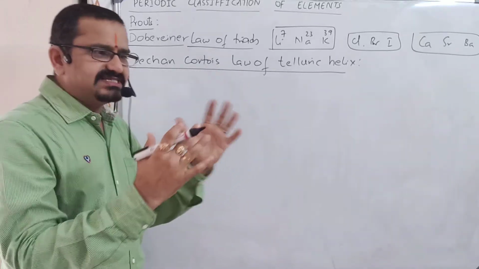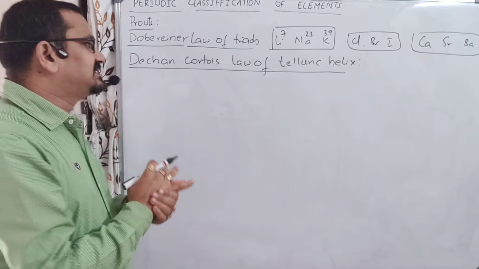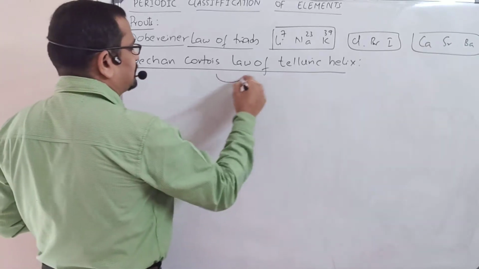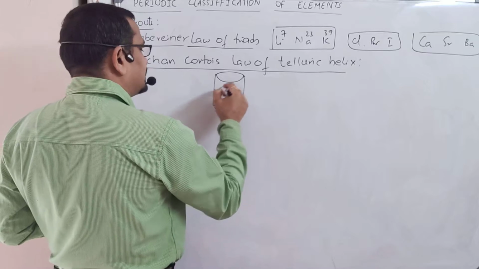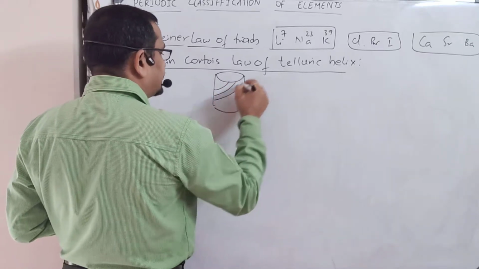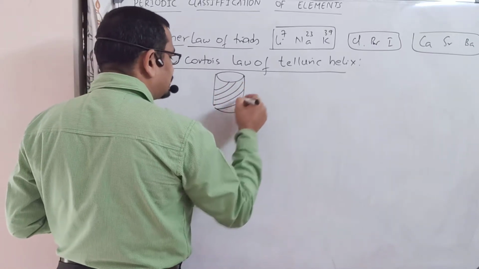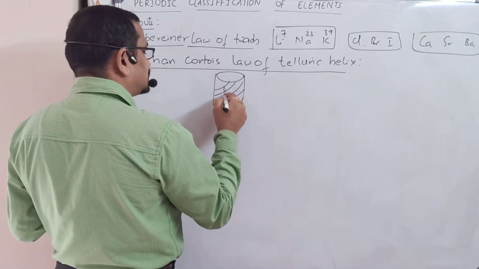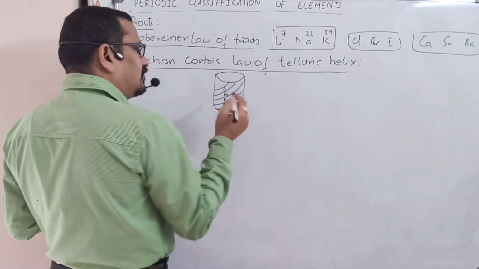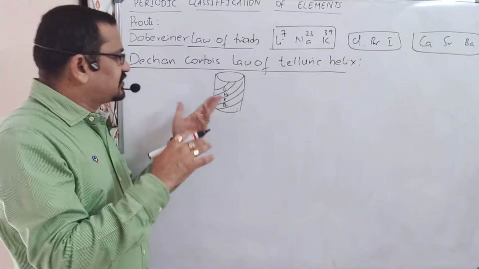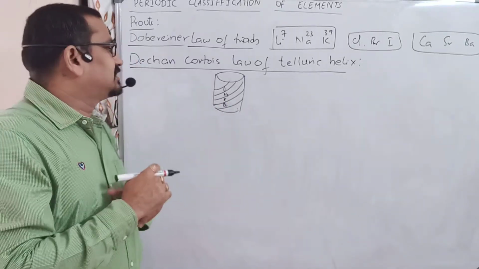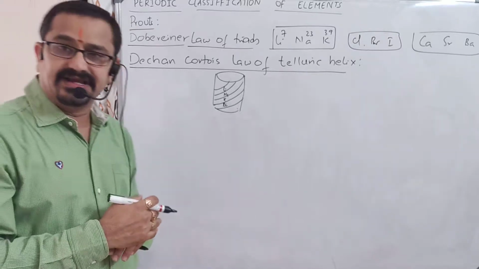In a physical manner, he arranged the elements in a tabular form. Suppose a cylinder is considered where elements were arranged in increasing or varying similarities in properties. Suppose lithium, sodium, potassium, rubidium, whatever we are studying now, the most similar classification was given at that time itself by de Chancourtois, but it was not accepted then.